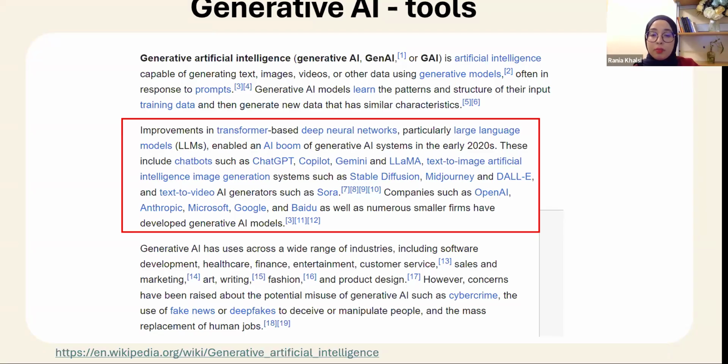The development of this generative AI technology is mainly led by major companies like xAI, OpenAI, Meta AI, Microsoft, Google, and there is a development that we can see clearly.